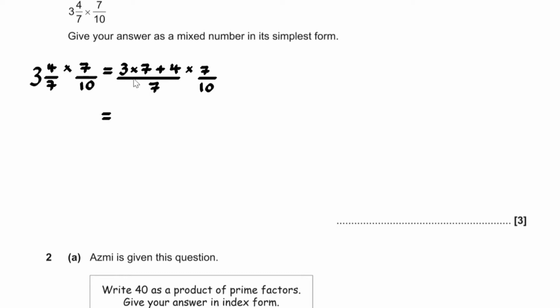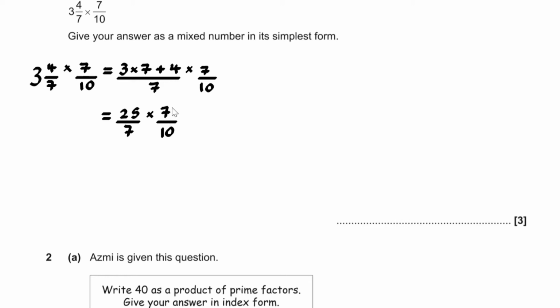So 3 times by 7 is 21, add on 4, that's 25, and then we divide that by 7, so we have 25/7 being multiplied by the 7/10.